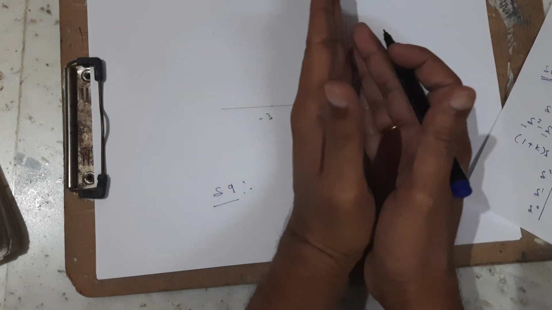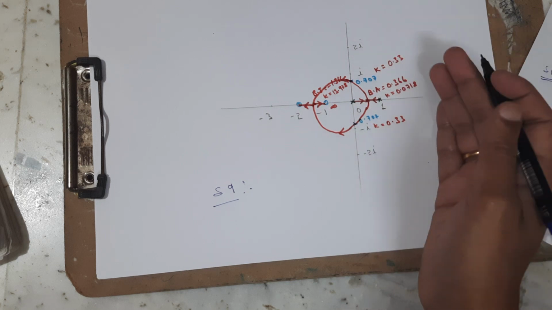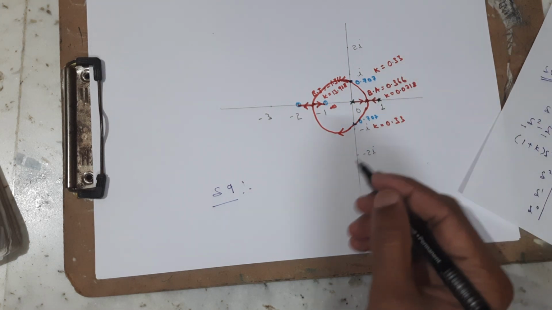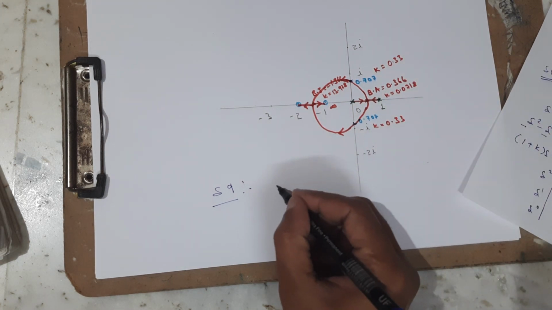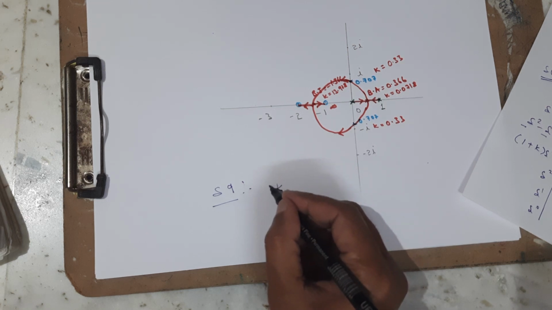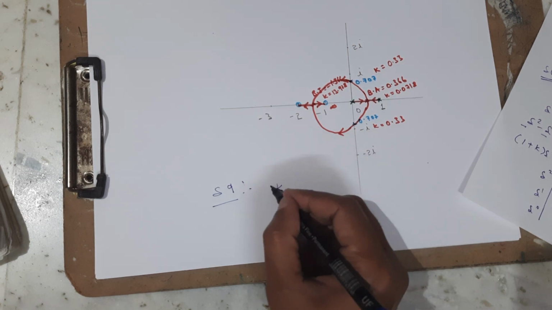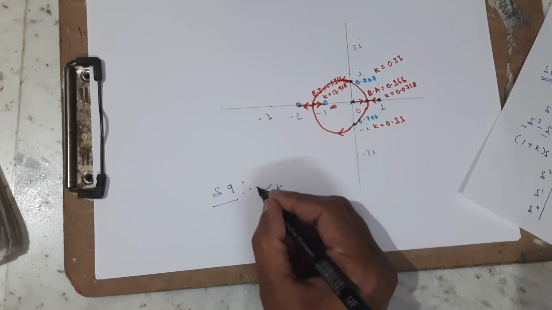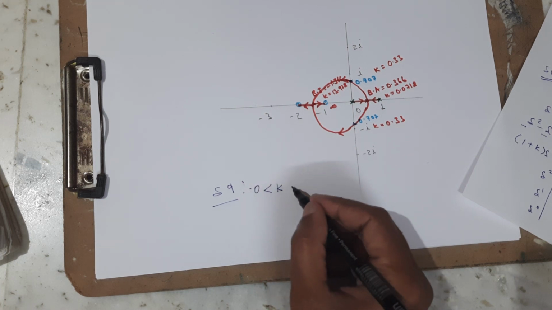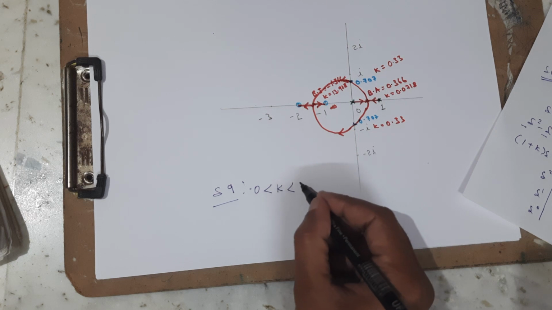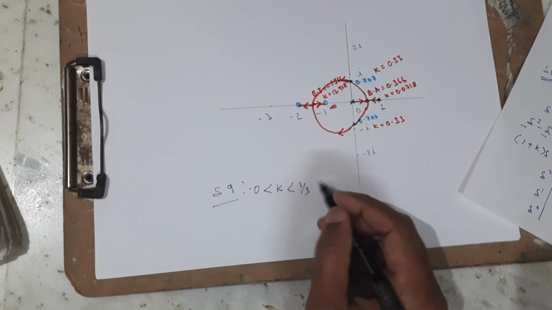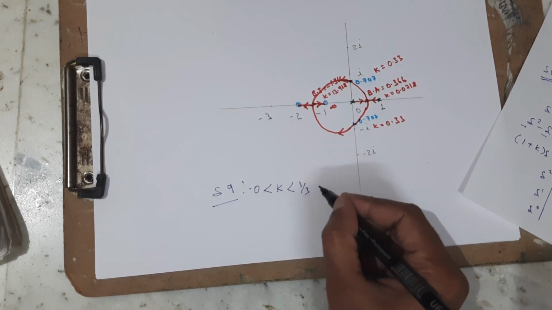So this portion is towards the right side of the S-plane. That means when k is greater than 0 and less than 1 by 3, the system is unstable.